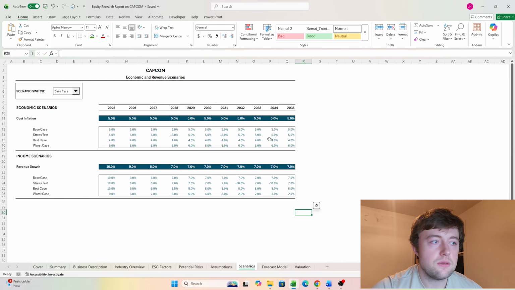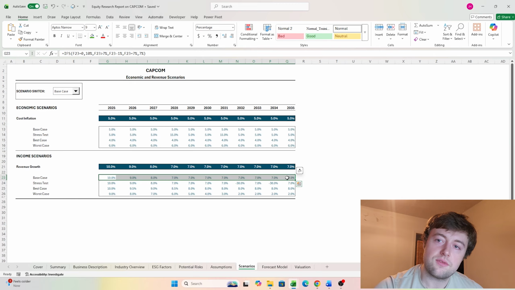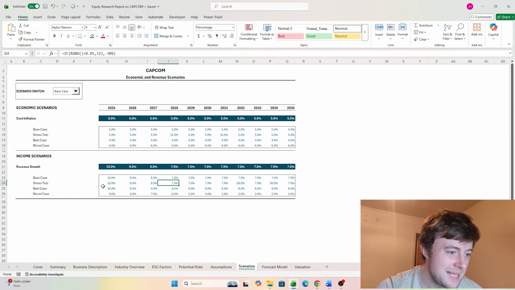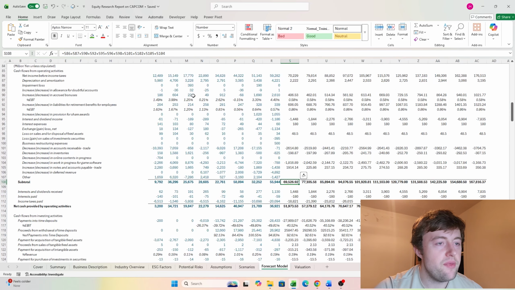One thing to mention too is the economic scenarios. I used what's called the H model, which is the generalized CAPM, to split up regimes, so we have differing growth rates after a certain point, and then it eventually levels out. That's how that looks, and then all these are just linked back to assumptions.